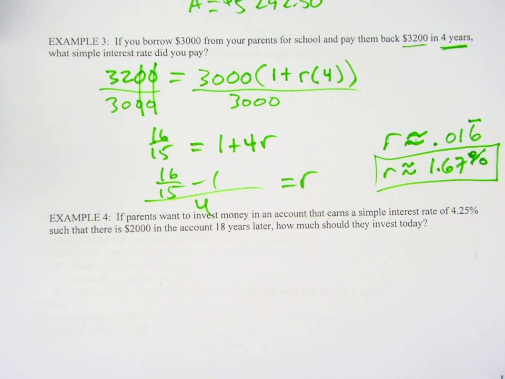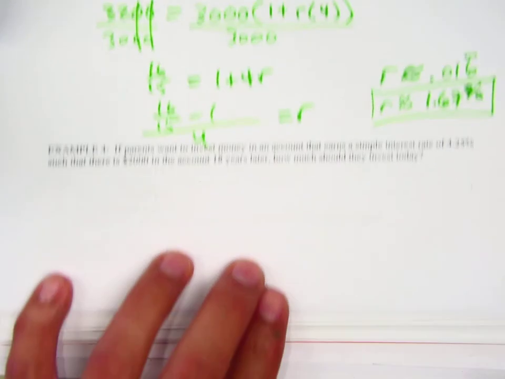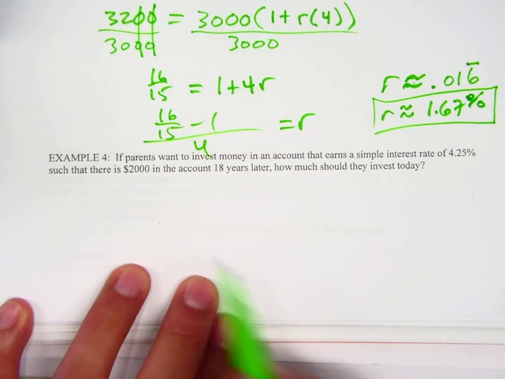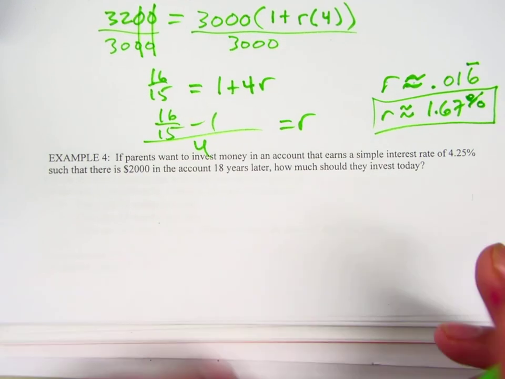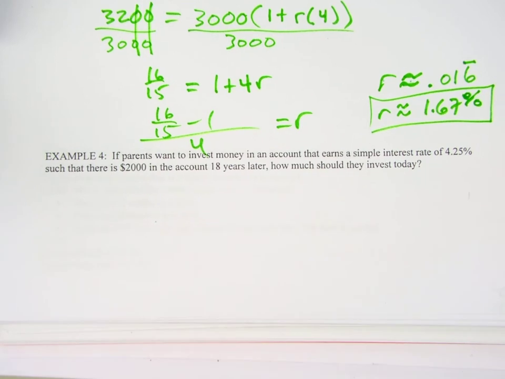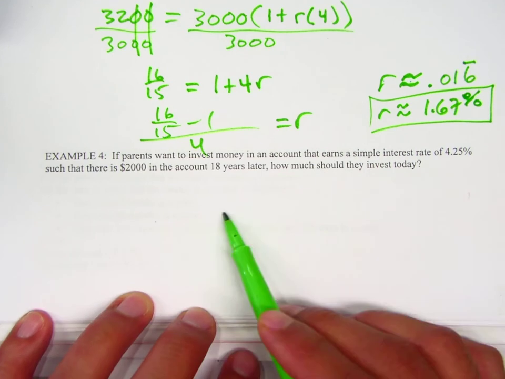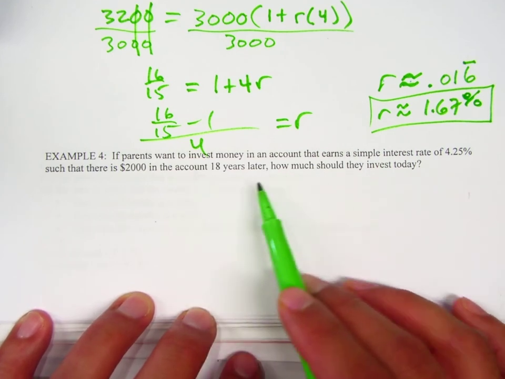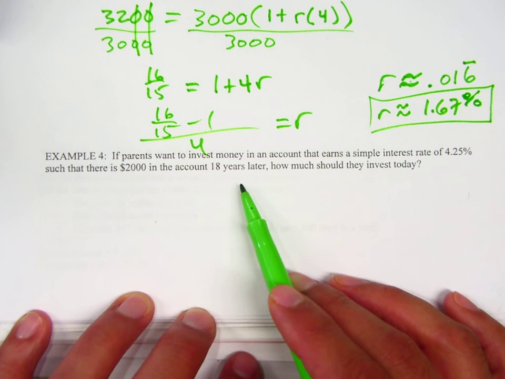All right, example 4. Why don't you guys set this one up and see if you can figure it out here. Another little algebra question. We're not figuring out the future value. We're working backwards to figure out how much money needs to be put into an account. So we want to find the principal.